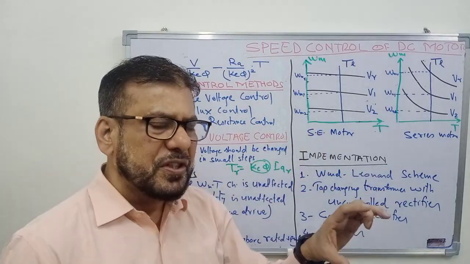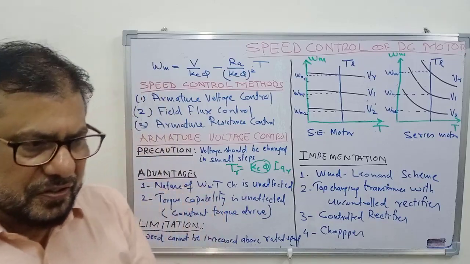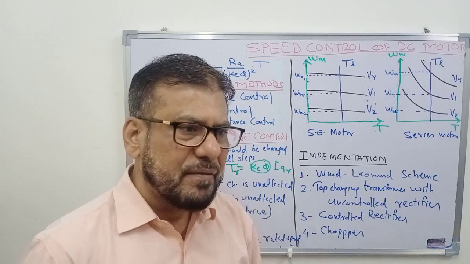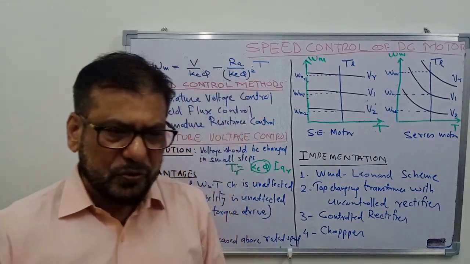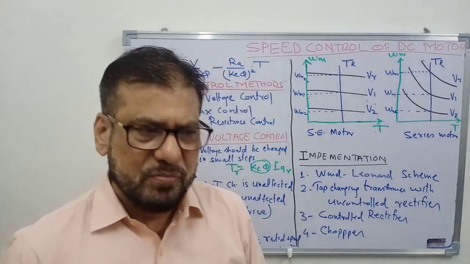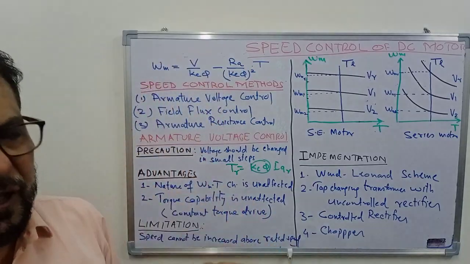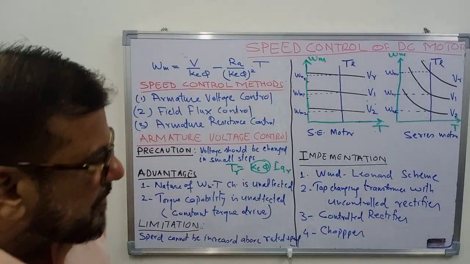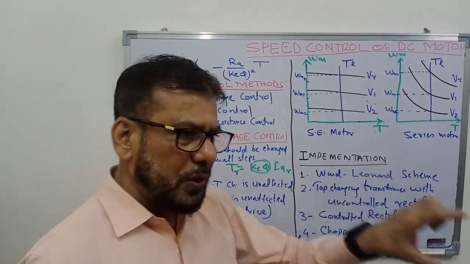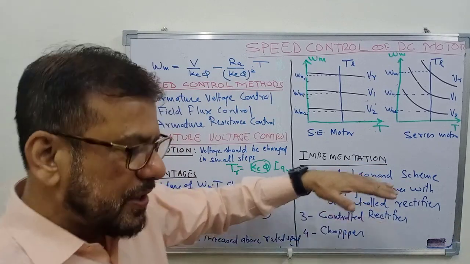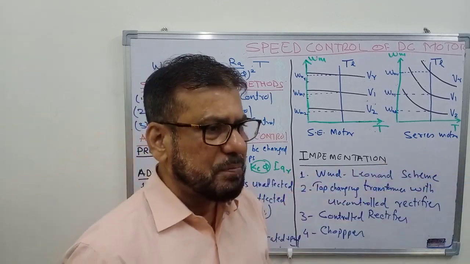For that, we use a DC generator, and that DC generator is run by some prime mover. Usually, we use a 3-phase induction motor that runs the generator, and the field of that generator is varied to vary the voltage across the generator, and that variable voltage is given to the DC motor to control the speed.